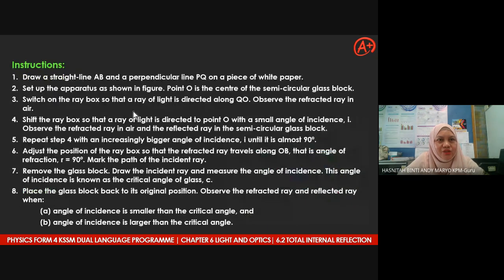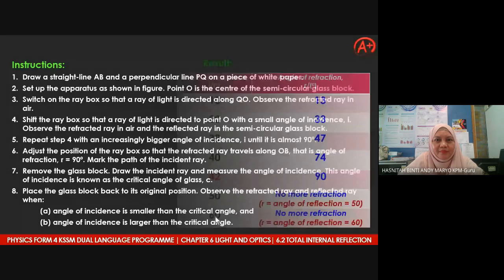So the procedure, you can read from number 1, starting from drawing a straight line AB until number 8, where we place the glass block back to the original position. So our observation will be on the angle of incidence and angle of refraction.